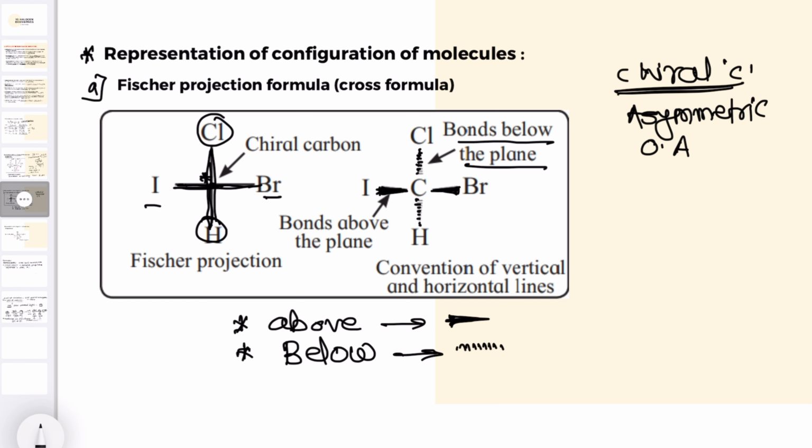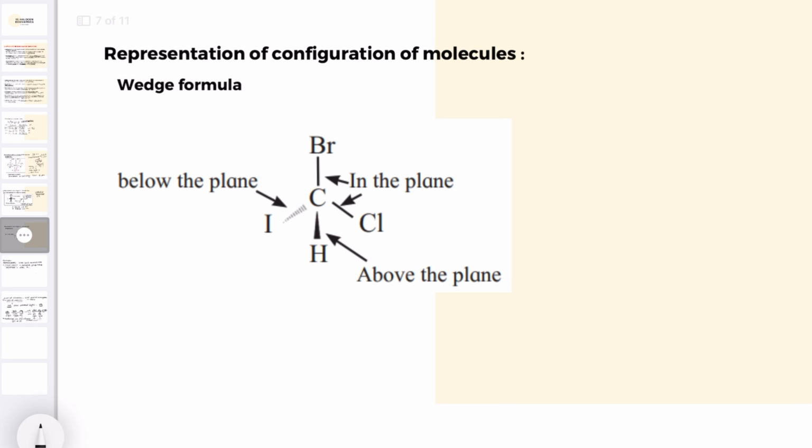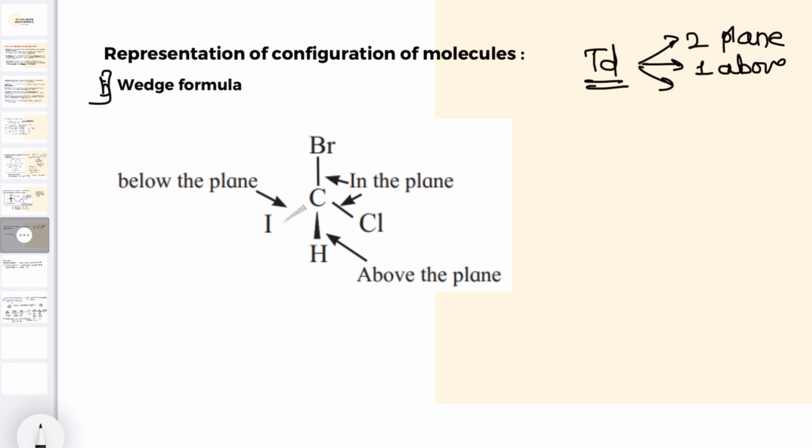So the next is wedge formula. This is our second representation. We know that carbon atom is a tetrahedral atom. That means in a tetrahedral, 2 bonds are present in a plane, 1 bond present above the plane and one bond present below the plane. So atoms below the plane are shown by putting the dotted line, above the plane atoms are shown by putting the wedge line, and in a plane just shown by the solid single line.